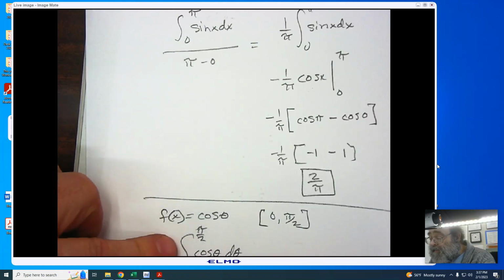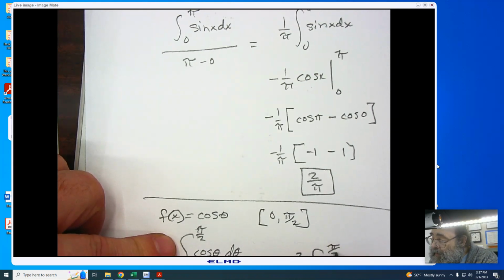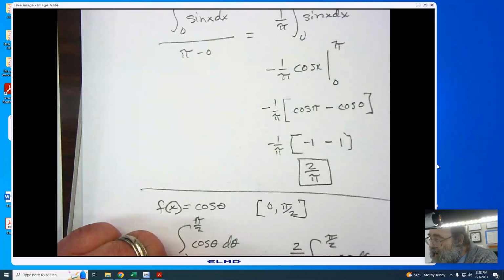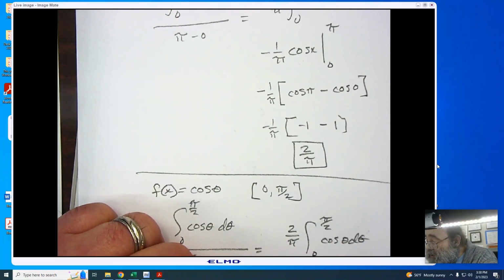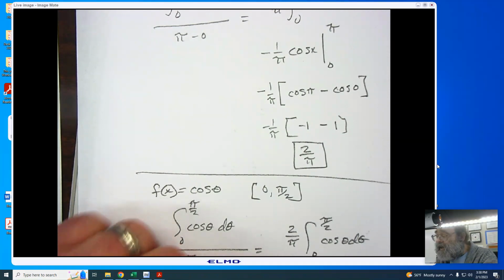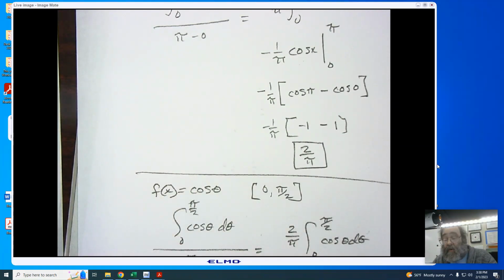Now when I bring this up, because it's a fraction in a fraction, it's going to become the reciprocal. And I'm now right into process 2 over pi sine of theta from 0 to pi over 2, and therefore I have just 2 over pi as my answer because I have 1 minus 0.